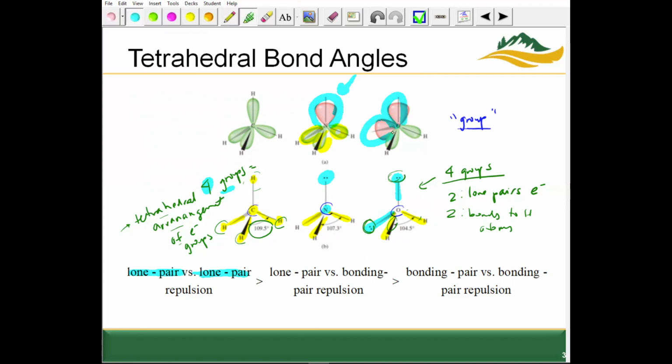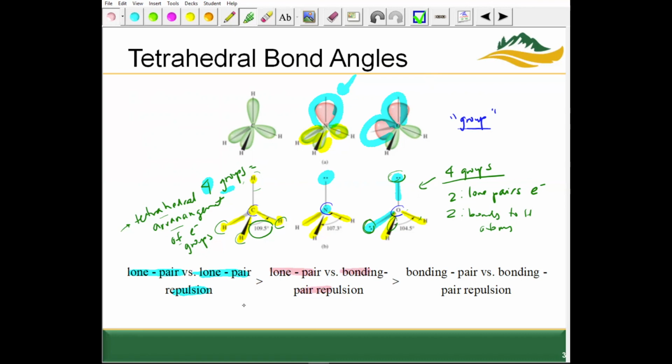Lone pairs of electrons take up more 3D space. So lone pairs of electrons will repel one another the most. They take up more space. Then next, as far as repulsion, a lone pair and a bonding pair will repel each other next.